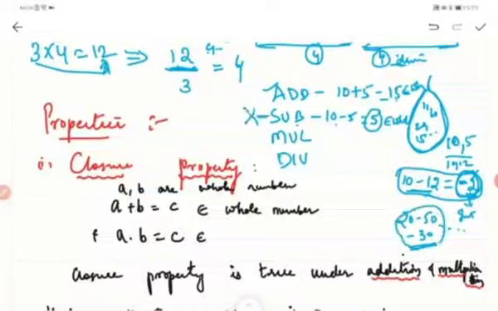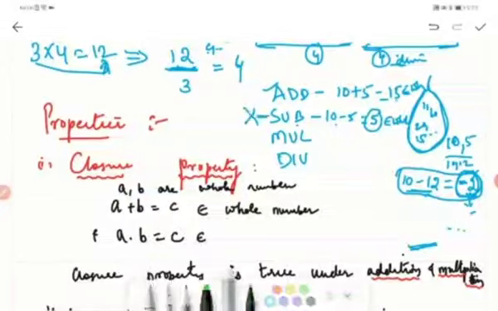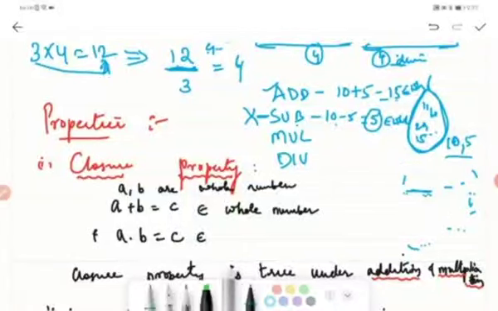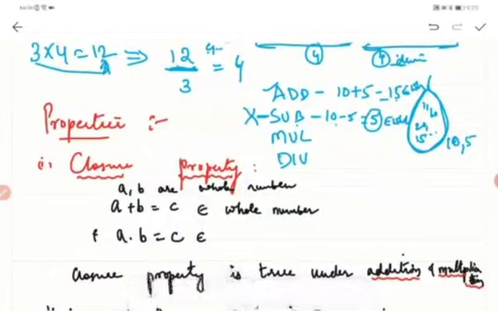Now let's see multiplication. For multiplication, if I take 10 and 5, 10 into 5 is how much? 50. Whatever two whole numbers you take, the result should belong to the whole number set. If I take 12 into 2, again it is 24.